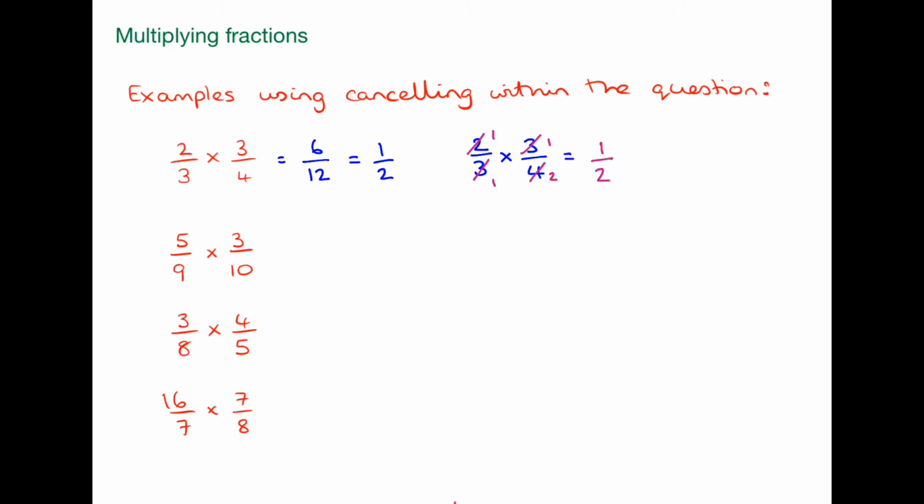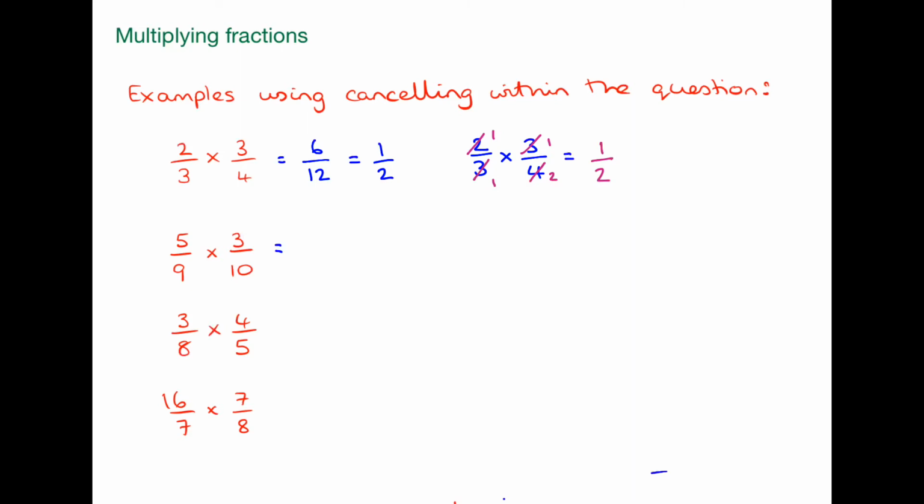Okay, so when we're looking at the second one, because they're multiplying, we can cancel anything on the top with anything on the bottom. So if we have a look, within each fraction, the 5 and the 9 won't cancel, and the 3 and the 10 won't cancel. So we need to look across the multiplication sign and see if anything will cancel.